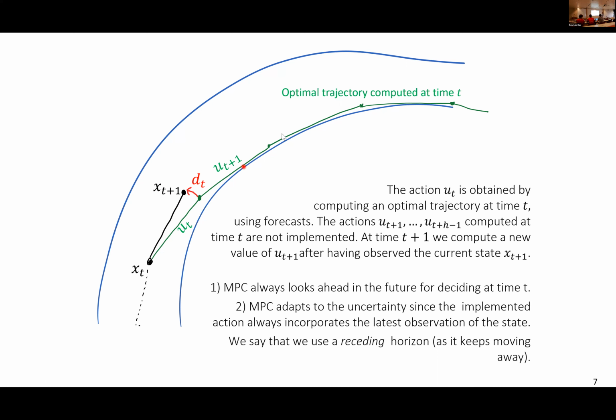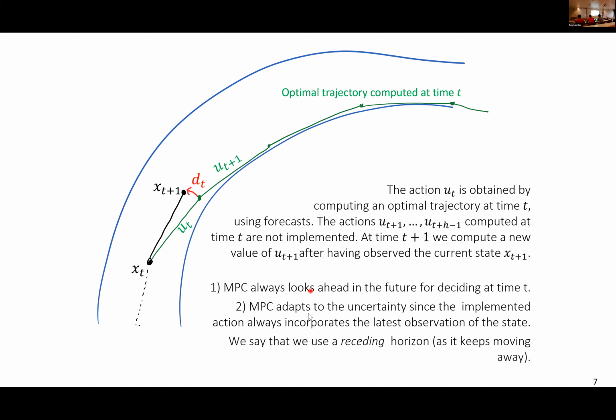So that's the first thing. We look ahead, and the decision we take now is based on an anticipation of the whole future. But we don't blindly follow what our look ahead was saying. We redo it again by adapting to the result of uncertainty that is deployed after a decision. So that's what MPC does.